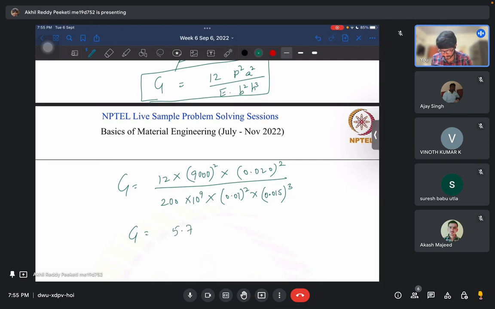So 5.76 into 10 power 3. So everything we have used SI units, so energy release rate is joule per meter square.